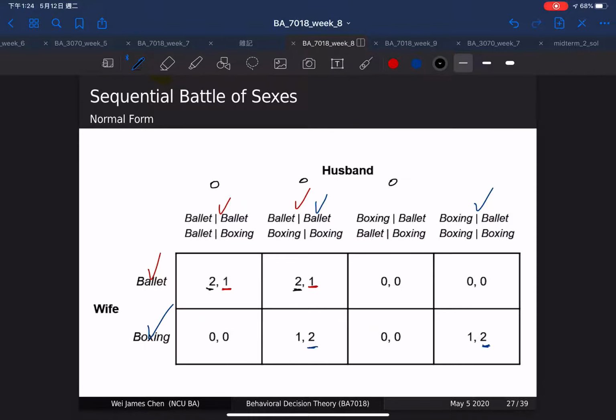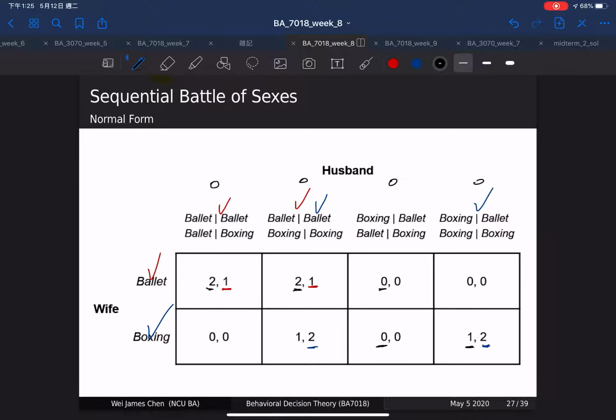If the husband chooses this one, then choosing ballet or boxing both give her 0. So both are best responses, and I will underline both the 2 and the 0 here. If the husband chooses this one, then going to boxing is the best strategy, so I will underline the 1 here.